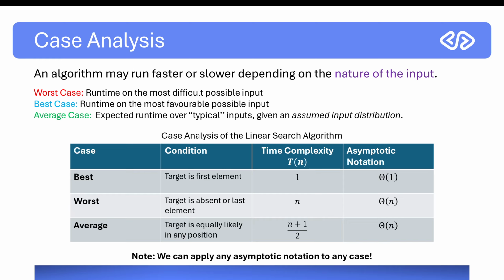Is it already sorted? Are they all randomly sorted? Is it a random distribution in your array? So depending on the nature of your input, we can have cases. For cases, like worst case, all these cases are different functions. So we'll look at a simple case analysis of linear search.